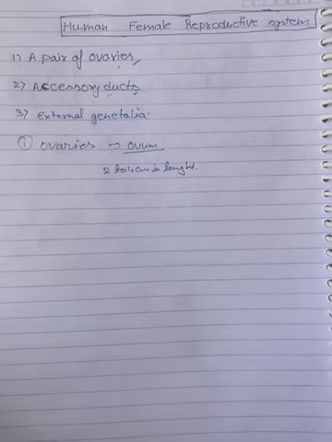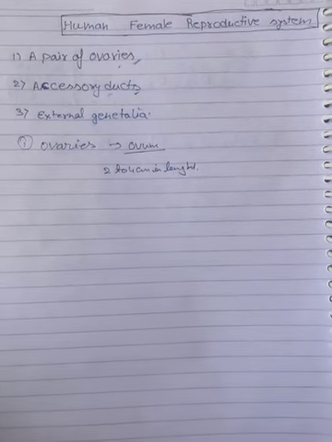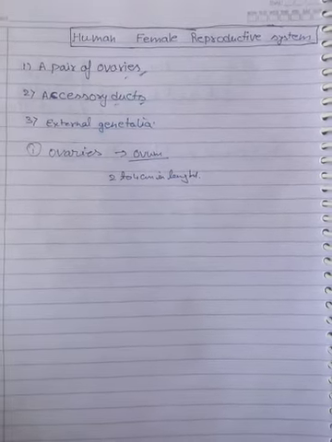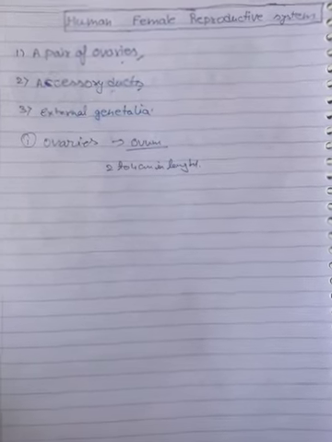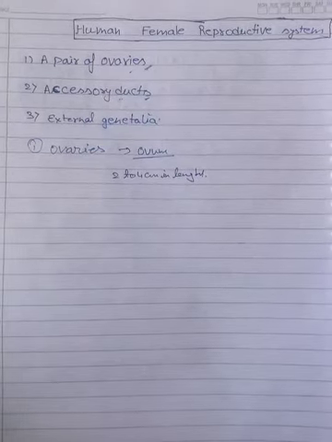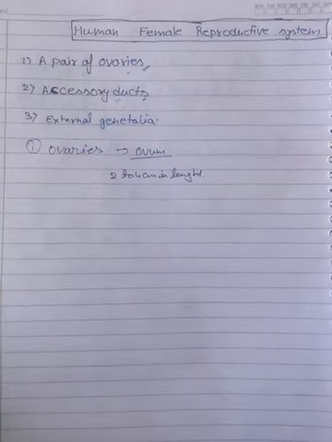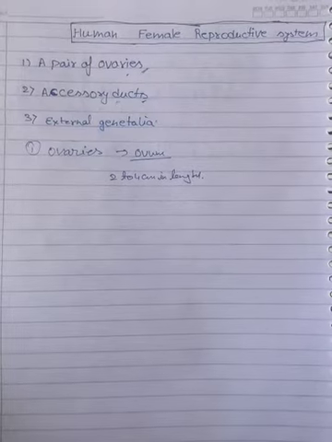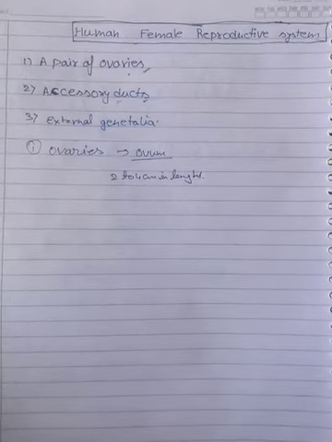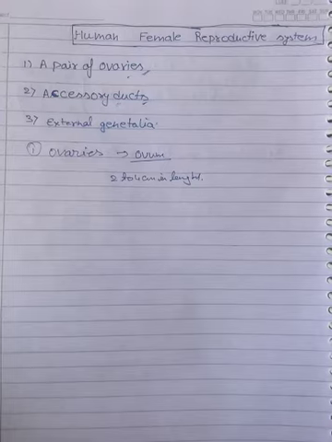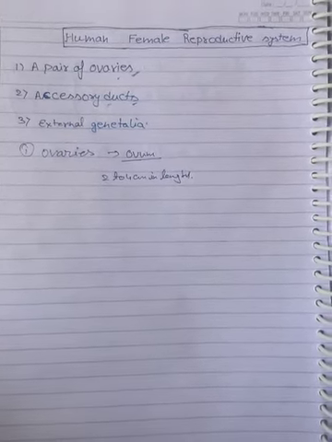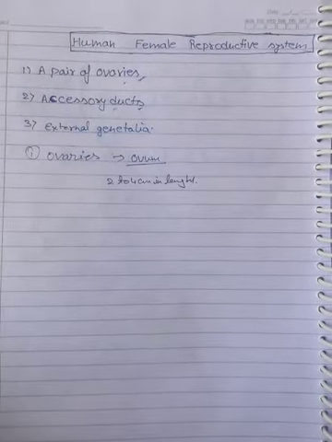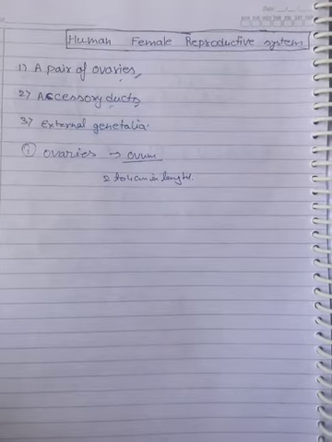At the lower abdominal region, just below which you know very well there is a pelvic girdle, and that particular region is called the pelvis region. Each ovary is attached to the pelvic wall and uterus with the help of ligaments. That is, there are some ligaments holding them between the pelvic wall and the wall of the uterus.